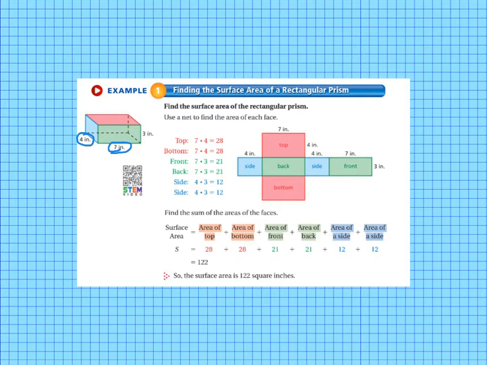Our step 1 is to find the area of the top. We multiply 7 times 4 and we get 28, and you're going to put that as your step 1. Step 2 is the area of the bottom, and it's identical. It's 7 times 4 as well, and that equals 28.